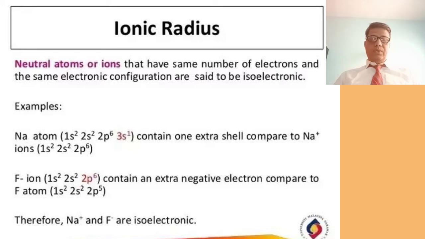The nuclear charge of F minus is plus 9, while that of Na plus is plus 11. So the greater the nuclear charge, the smaller the size. Na plus has a size of 98 pm compared with F minus at 133 pm. So these are isoelectronic species and their trends.